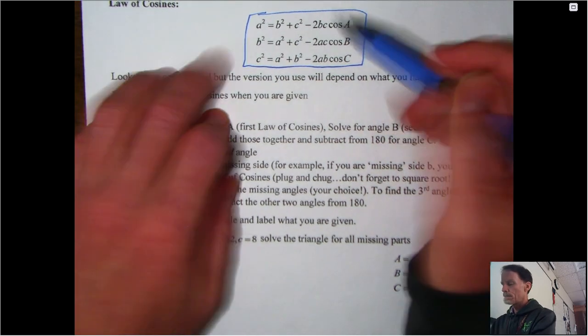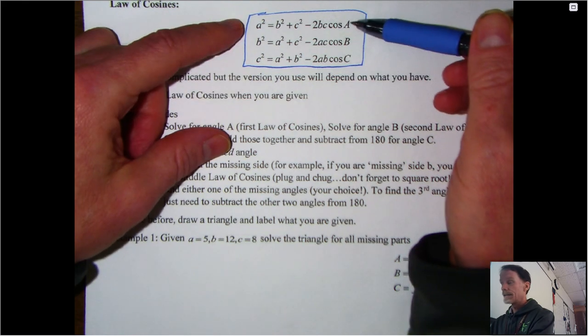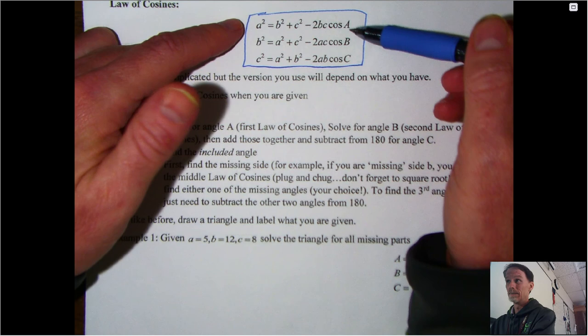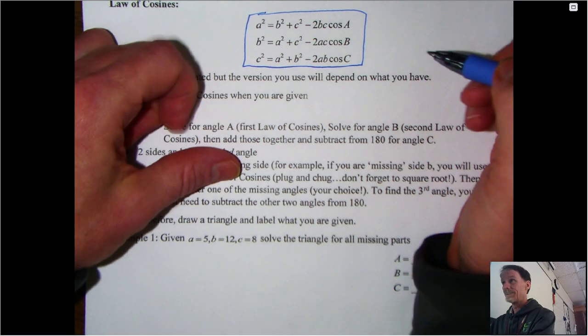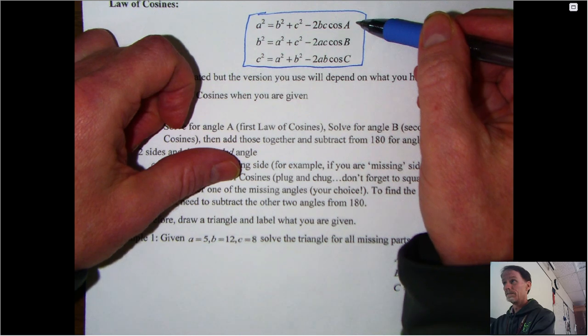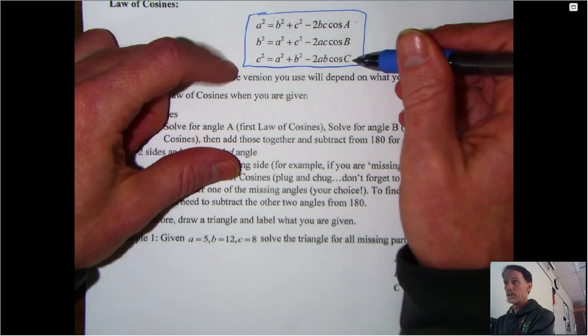The other pattern is that the reason there's three of them is it depends on what you're finding and what you have given. If you want to find angle A, the only option is to use the top one. If you want to find angle C, the only option is to use the bottom one.